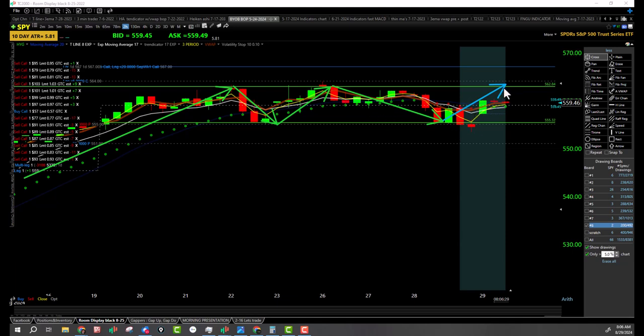Typically right after the W, not saying it always happens, but this pattern plays out quite often. You get a pullback, not to the bottom, but somewhere in the middle here, creating the higher low, and then what you get is a rip to the upside, creating a higher high up there. That's the consolidation channel breakout W pattern right there.